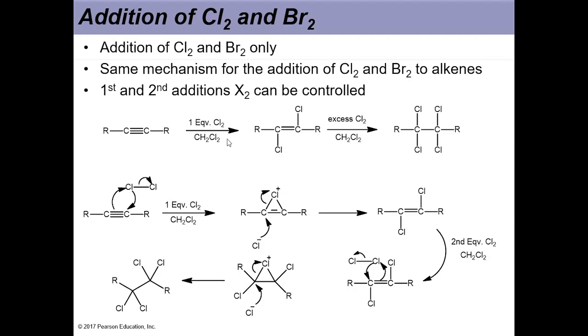Again, whether you end up with 2 chlorines and a double bond, or 4 chlorines with no double bond, depends on how many equivalents of Cl2 you added, and make sure there's no water, only CH2Cl2, or so-called methylene chloride, as the solvent.